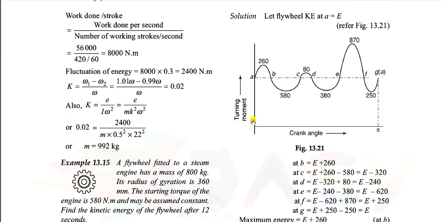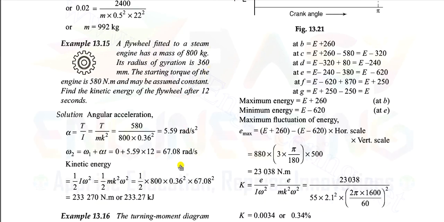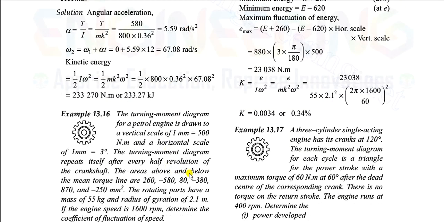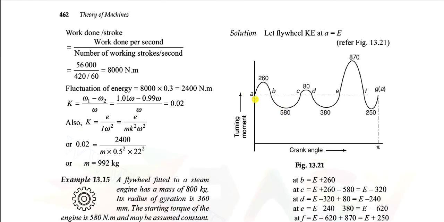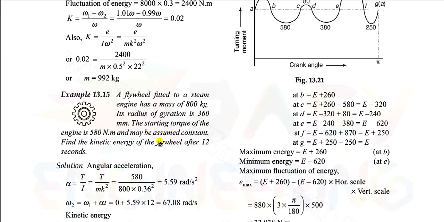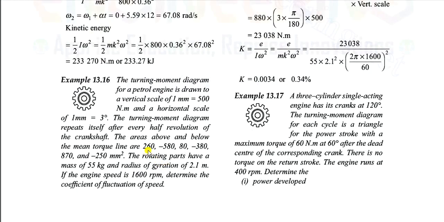For example, we have this diagram, and why we are drawing the curve? You can take any example, but you just have to consider that positive area and negative area are given. So for example, it starts from here, A, B. From the initial, the area is positive 260 mm square.